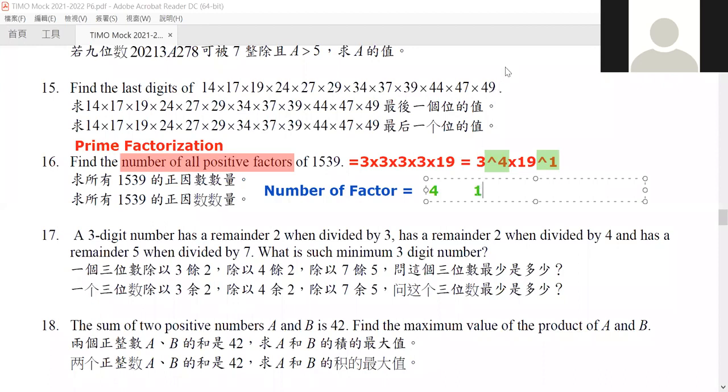So it will be equal to 4 plus 1 multiplied by 1 plus 1. The reason is you just count the number of factors in each term. So it will be equal to 5 times 2, and that will be equal to 10.